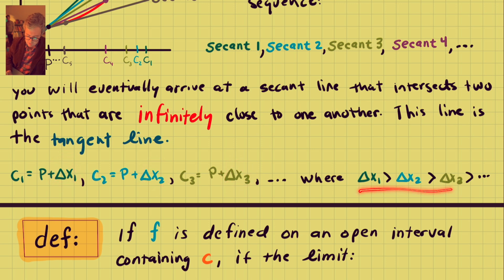So delta X1 would be bigger than delta X2, which would be bigger than delta X3.